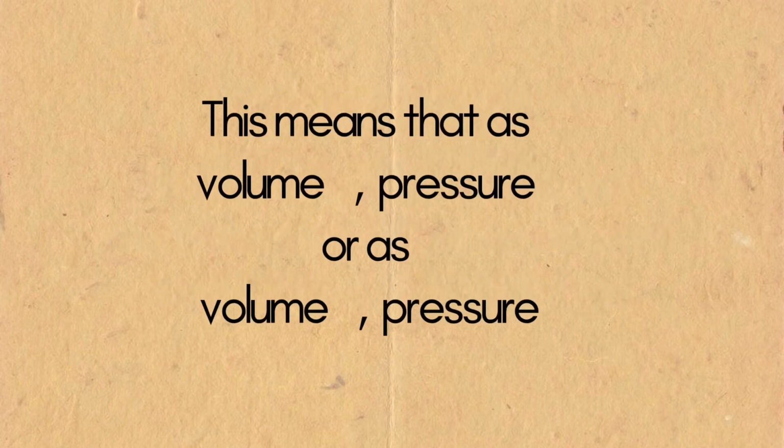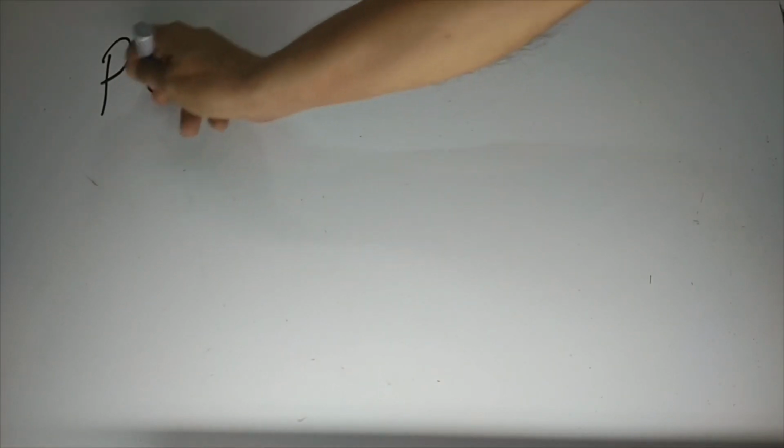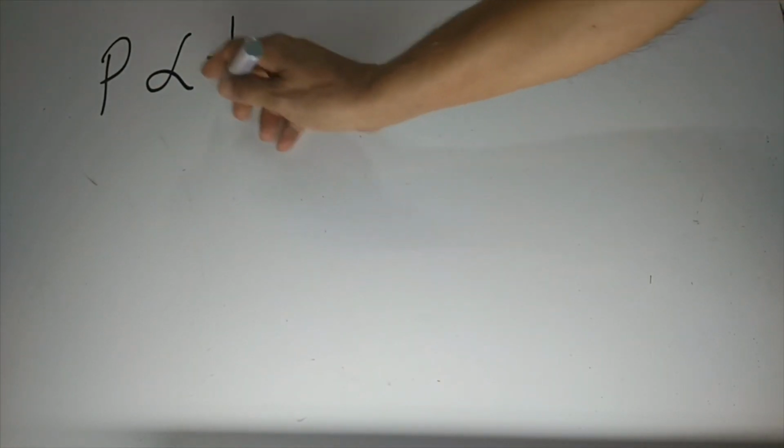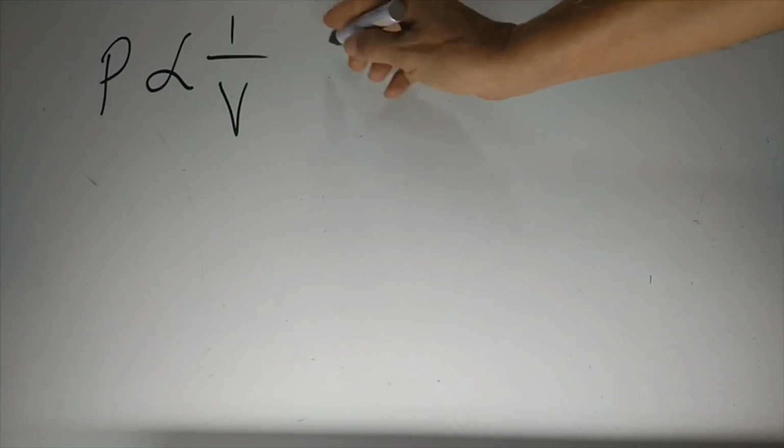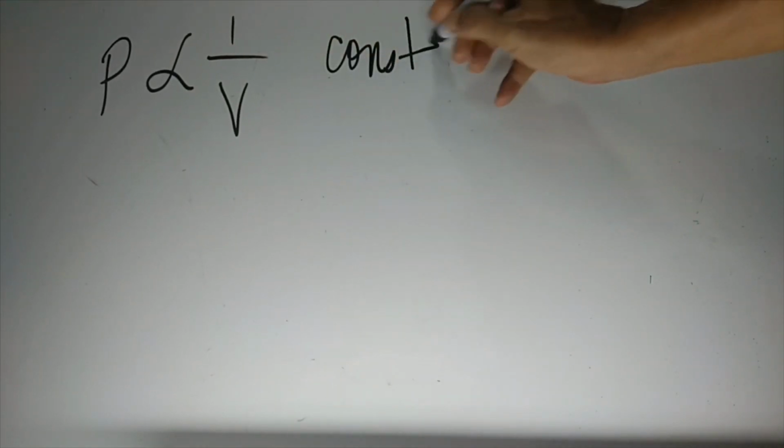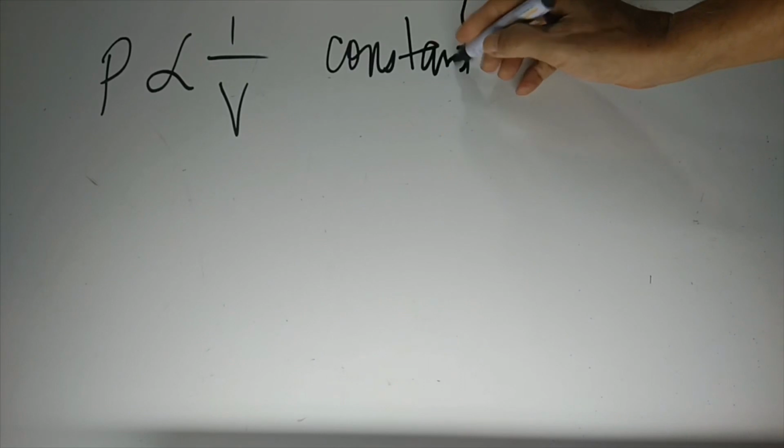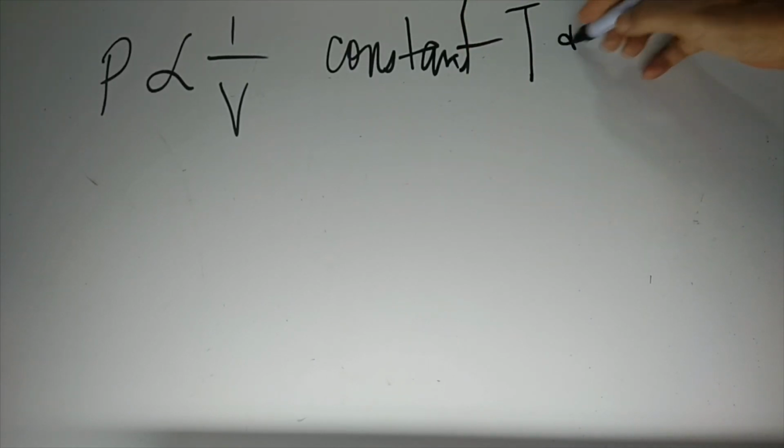This means that as the volume increases, its pressure decreases, or as its volume decreases, its pressure increases, which can be expressed in symbols as pressure is inversely proportional to its volume, wherein at constant temperature and amount of substance.